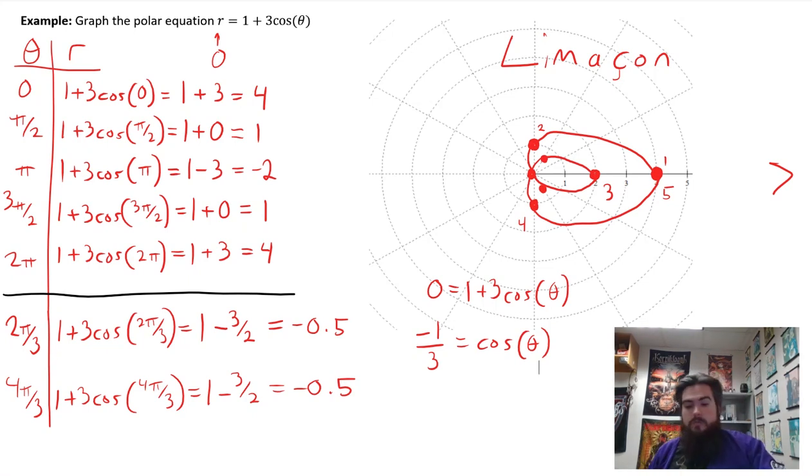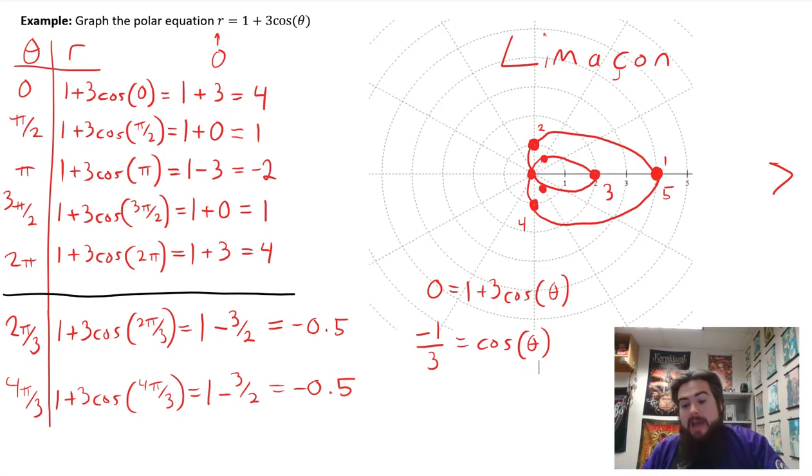Now I know, even before I solve for theta, that that's going to exist because that ratio, negative 1/3, is between negative 1 and 1, which means it exists within the range of cosine of theta. Or, if you apply arc cosine to find theta, negative 1/3 exists within the domain of arc cosine.